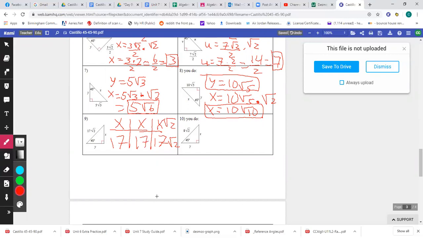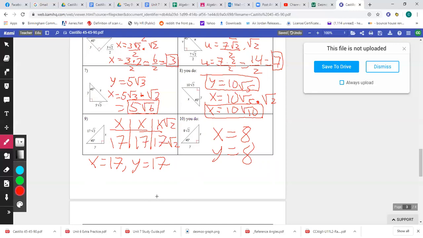Does that make sense to everyone? Because if I just multiply by root 2, it's just that number in front. So if you ever see the hypotenuse has a root 2 in it, you should automatically know that. However, sometimes it might not click in your head.